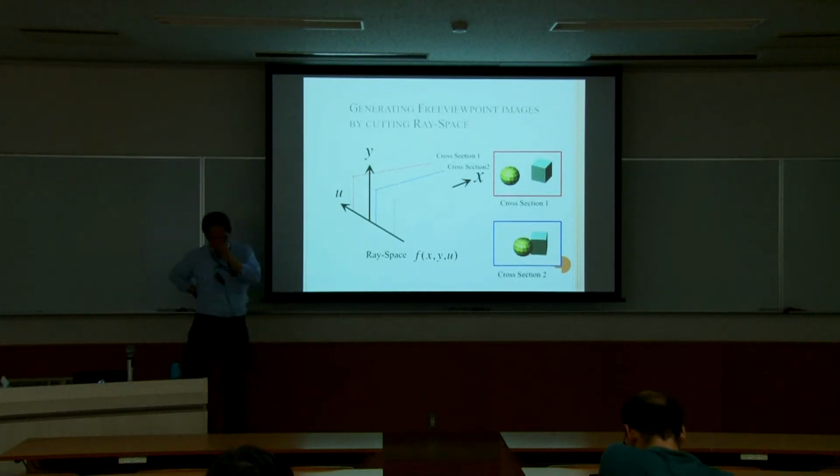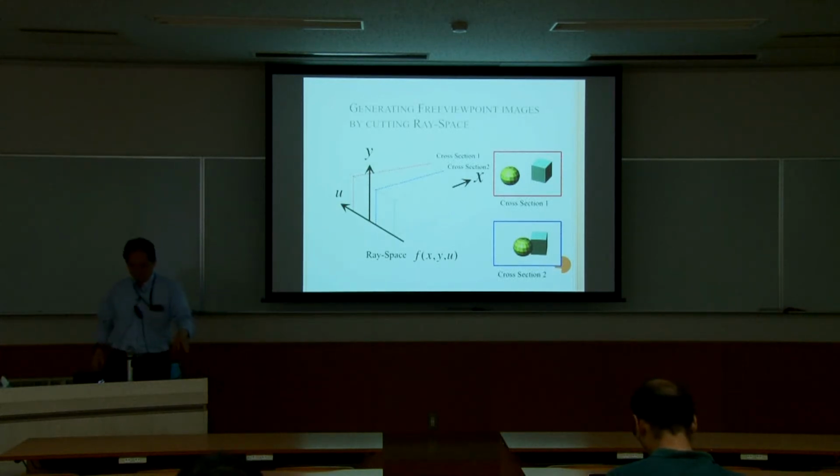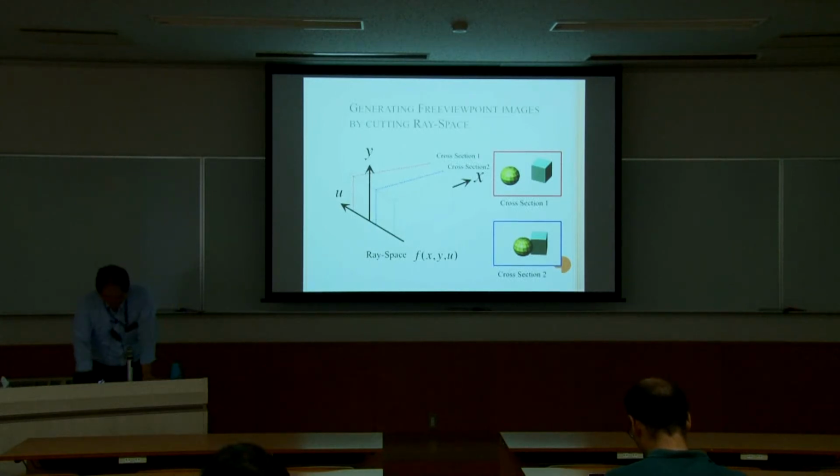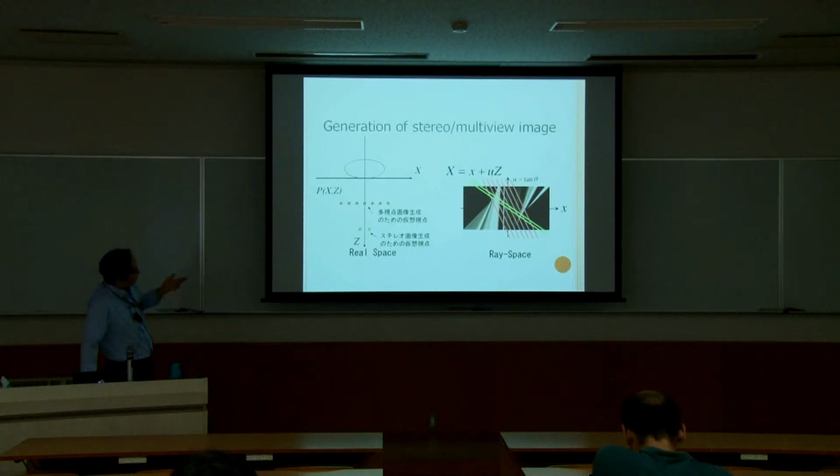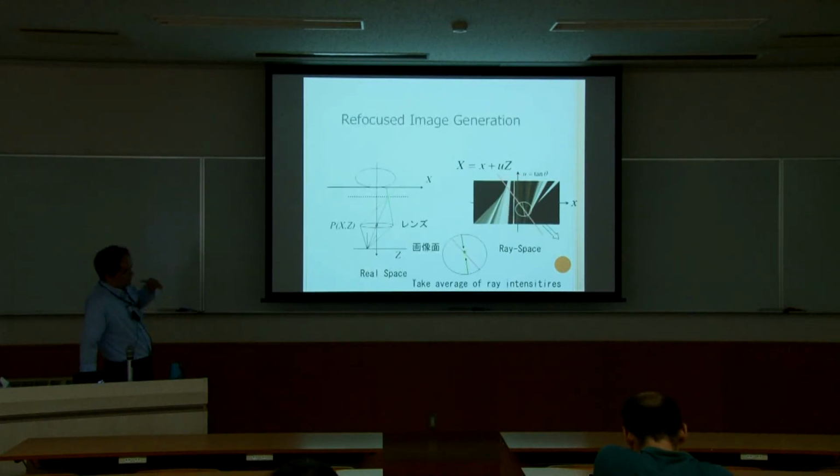So this is a very basic principle. Okay, so this is the main point of ray space theory. So what can we do? For example, we can generate stereo or multi-view images, and we can create a refocused image in this case.